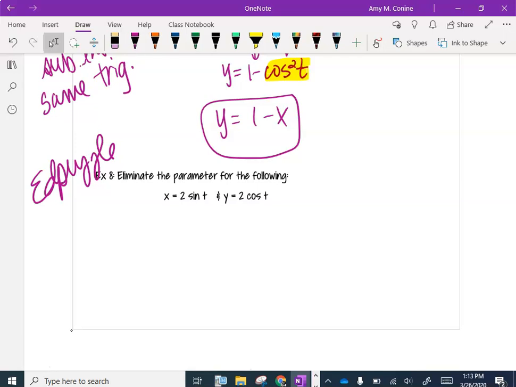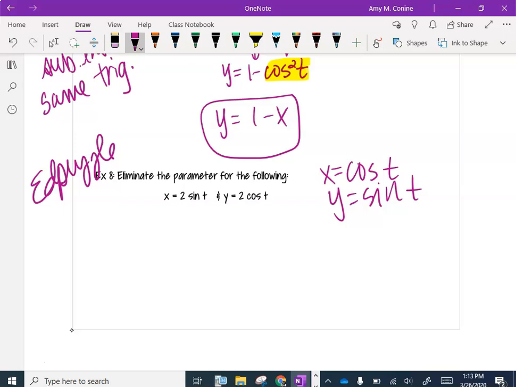So for example 8, we've got x equals 2 sine of t and y equals 2 cosine of t. Again, there's not much that you can do right off the bat. But if you recall, we've got x is cosine and y is sine, and that's going to be used to our advantage here.